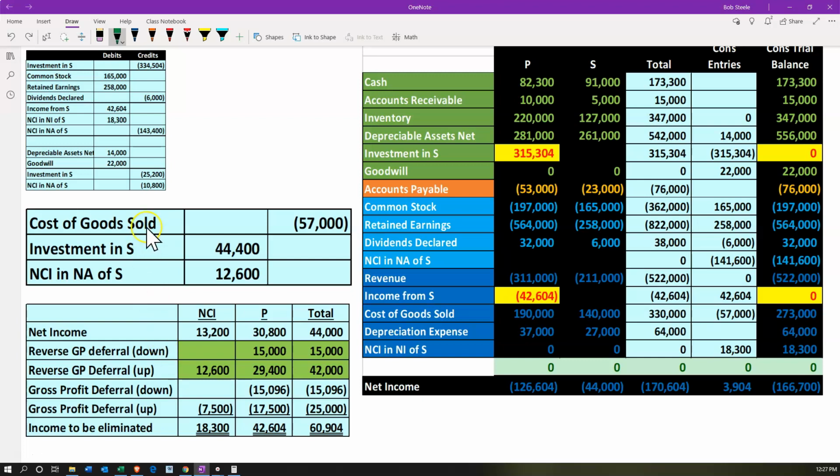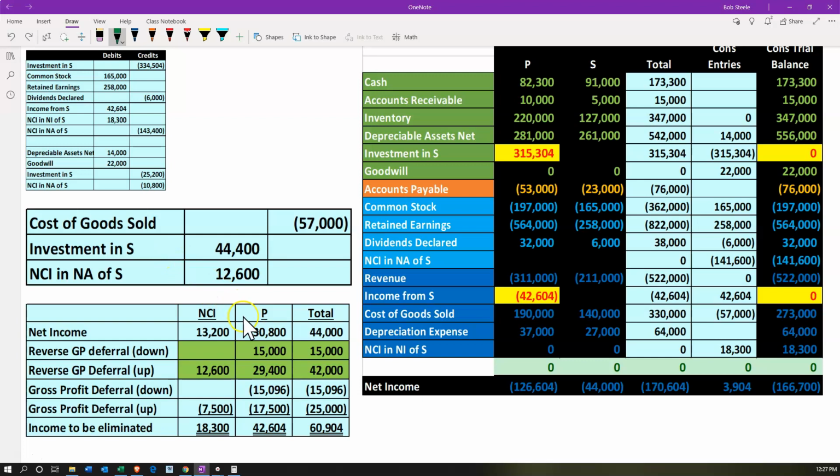We're going to take the cost of goods sold. We're going to be crediting the cost of goods sold for the 42,000 and the 15,000, for the 57,000. So that's going to be the credit of the 57,000. Then we're going to debit, not in accordance with the 30-70 split, but in accordance with the allocation of P, the controlling interest, and the non-controlling interest.